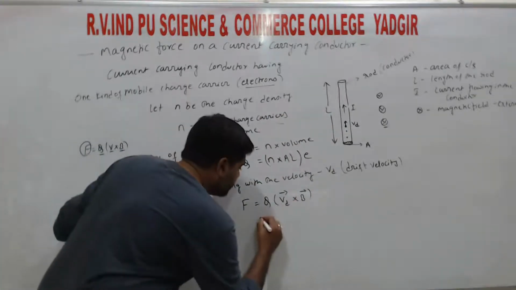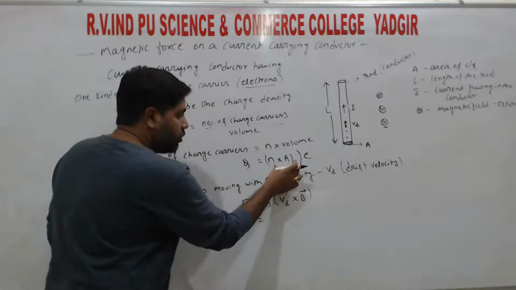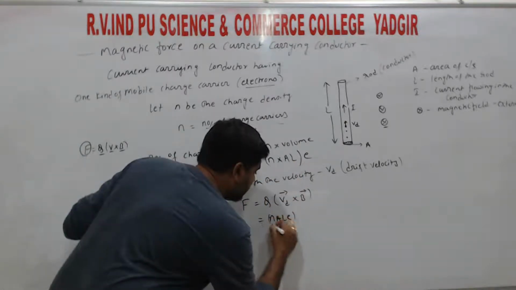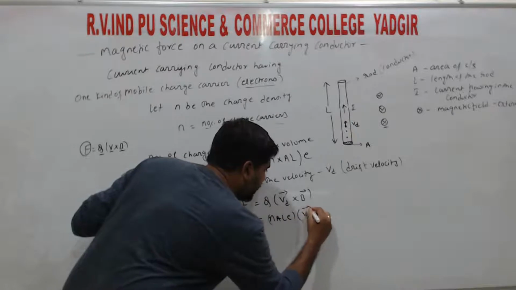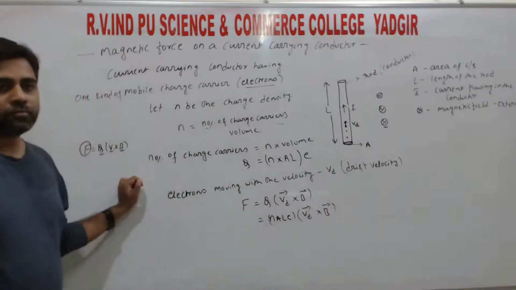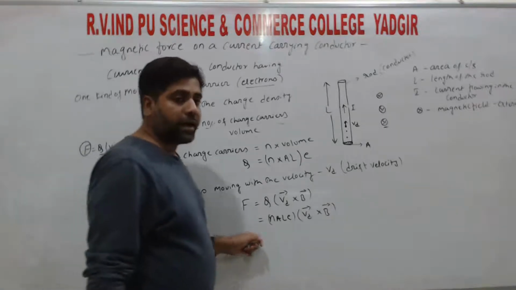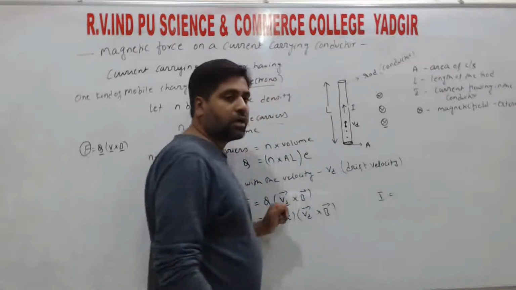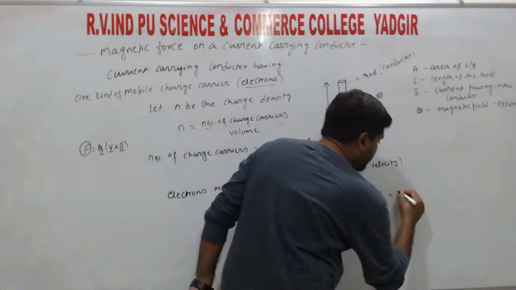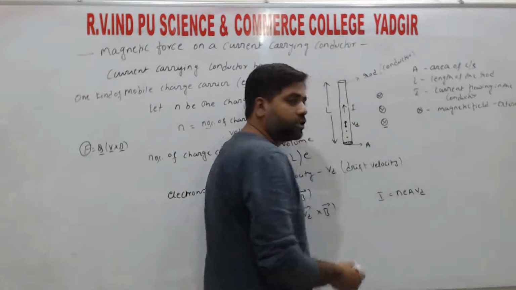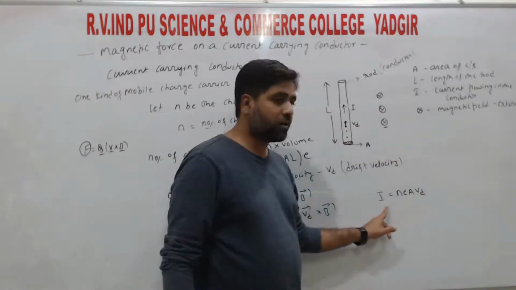Substituting the value of Q here, that is nALe into Vd cross B, right? Again from current electricity we derived one relation: the current flowing in the conductor, I, is equal to neAVd. This is the relation between the drift velocity and the current.